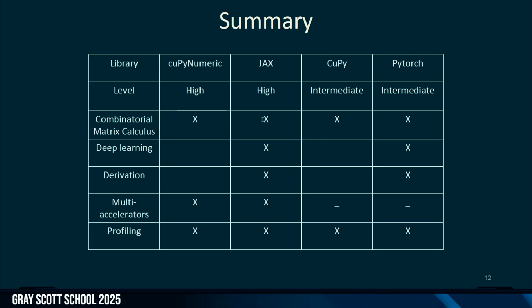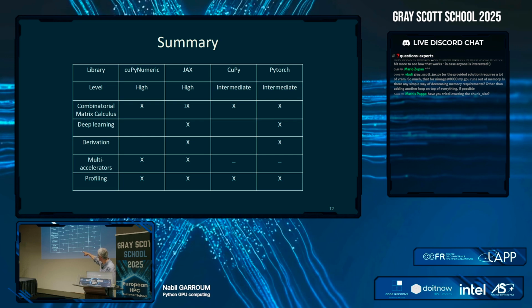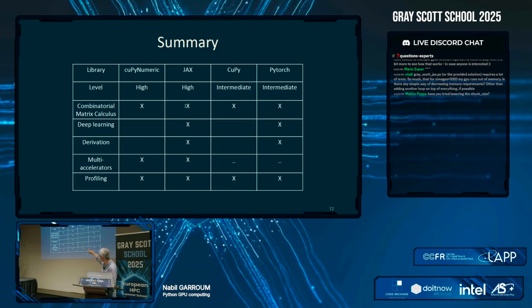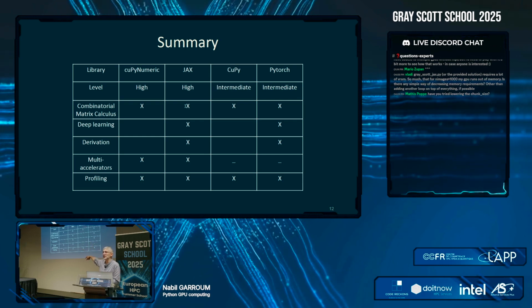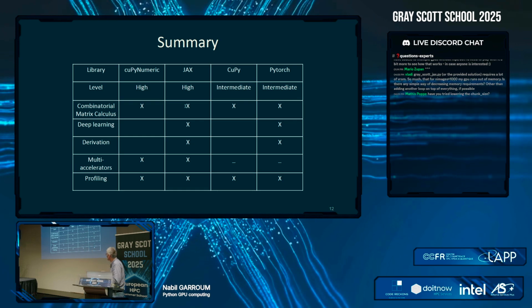So today you had CuPy, CuPy numeric, you had JAX and CuPy. And now you have PyTorch. So the only library that fills all the items, including the multi-accelerators and the derivations, is JAX, actually. So JAX is the most complete one. It's maybe also a little bit complex, but voilà.